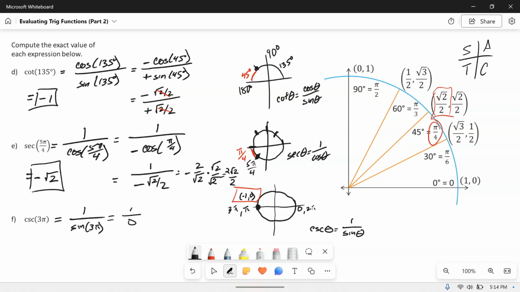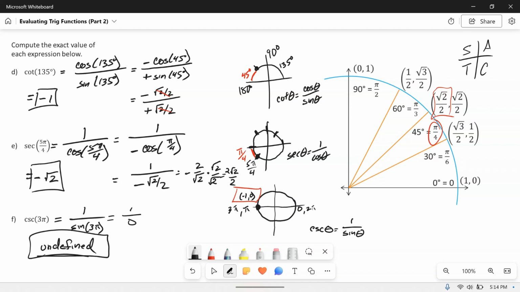And you might get that and pause for a moment, and you should, because what is true about 1 over 0? What is that? Well, it turns out that that is undefined. So the cosecant of 3 pi is undefined. That's okay. All right. So of all of our functions, sine and cosine are always defined.